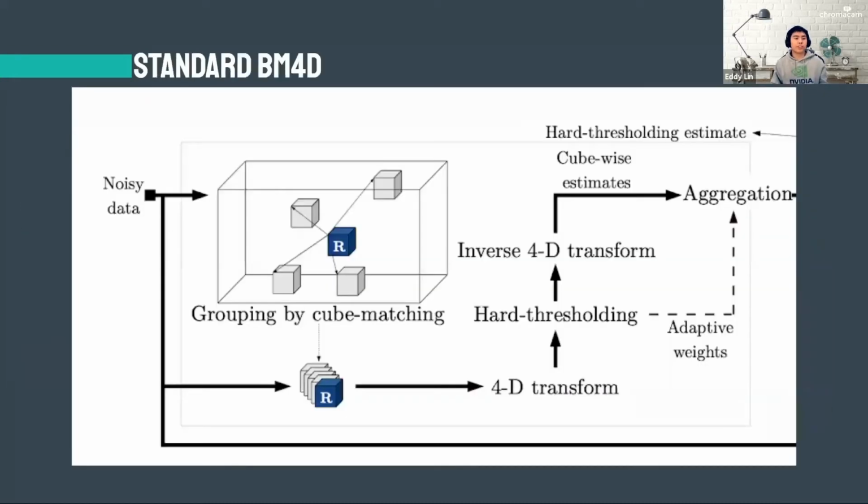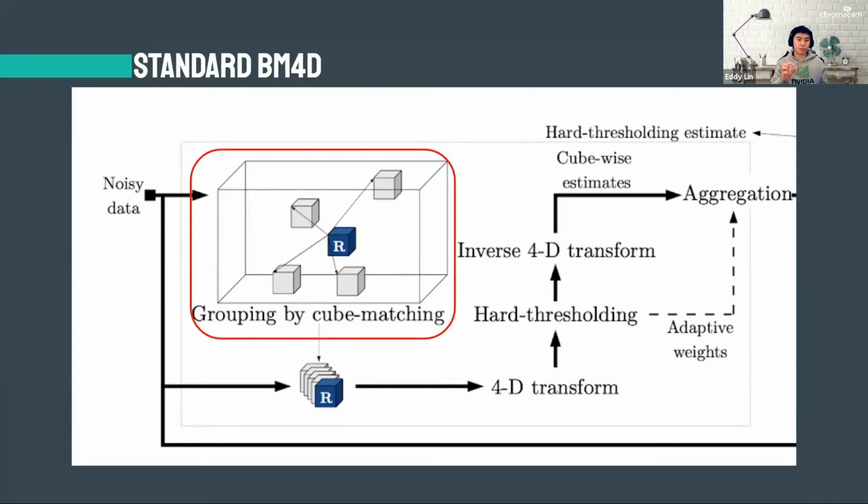To do that, there's an algorithm called BM4D, which is block matching and four-dimensional filtering. Intuitively, it makes a lot of sense, so let's break it down. We take the entire 3D volume, and within it there are many smaller reference cubes that we can choose. If a structure exists in a reference cube, isn't it likely that it will exist in some form in another part of the volume?